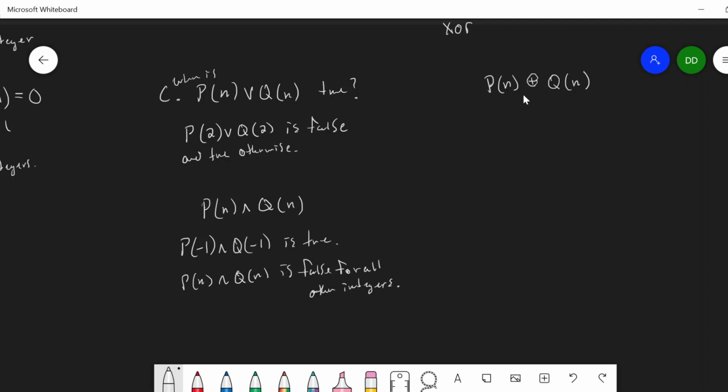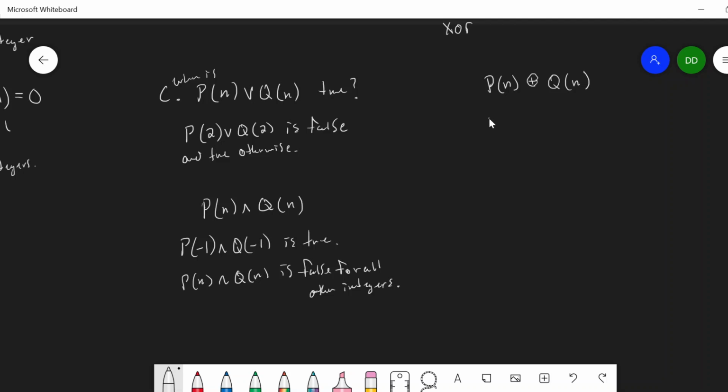So that's another way to think of this exclusive OR operator. It's asking when the OR operation is true and the AND operation is false. I need both of those things in order for the XOR to be true. This is true for everything except for 2, but P of n and Q of n is true just for -1.